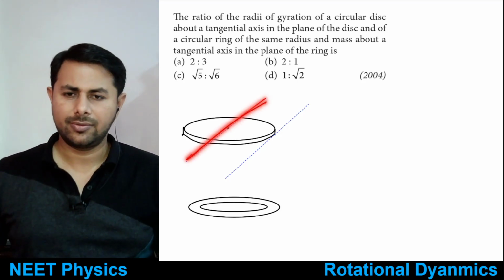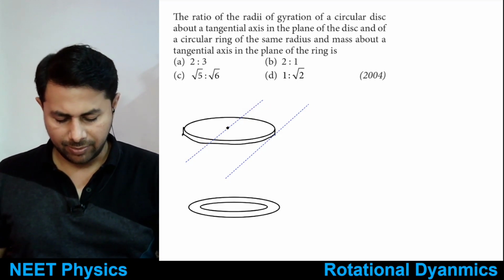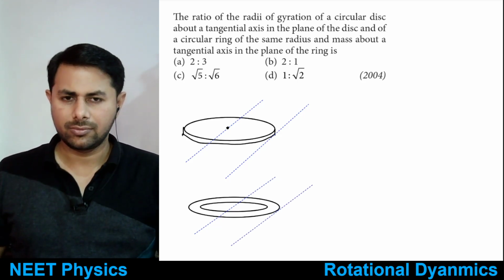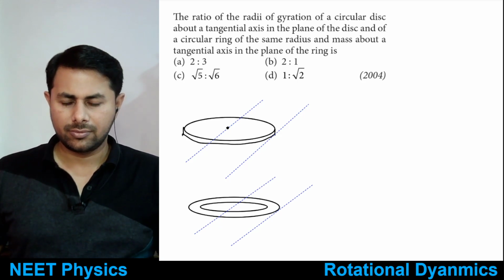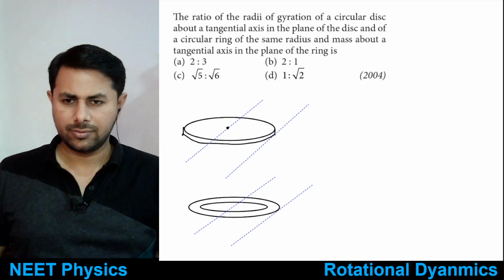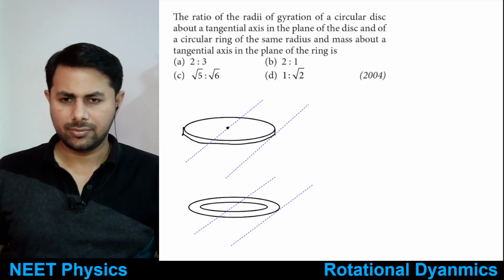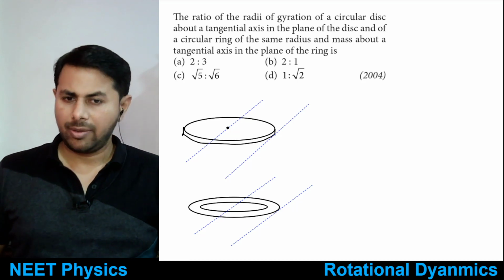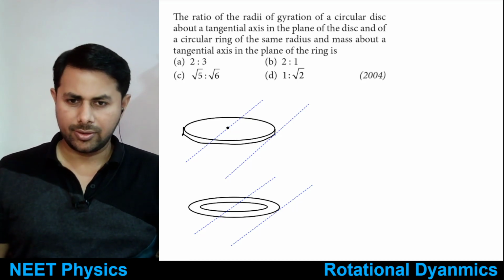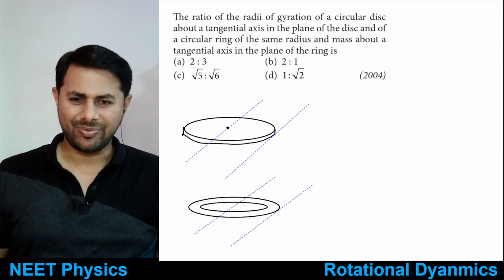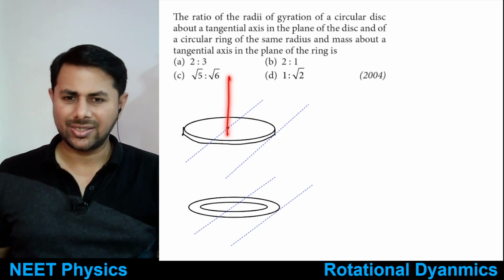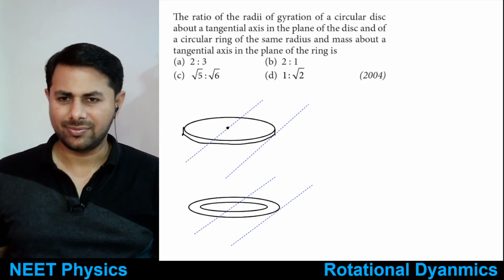Okay, so you know now moment of inertia about this axis. How much is it for the disc? Tell me. Anyone? Mr square divided by 4. Very good. Mr square divided by 4. Okay, so for the perpendicular axis it is mr square divided by 2.